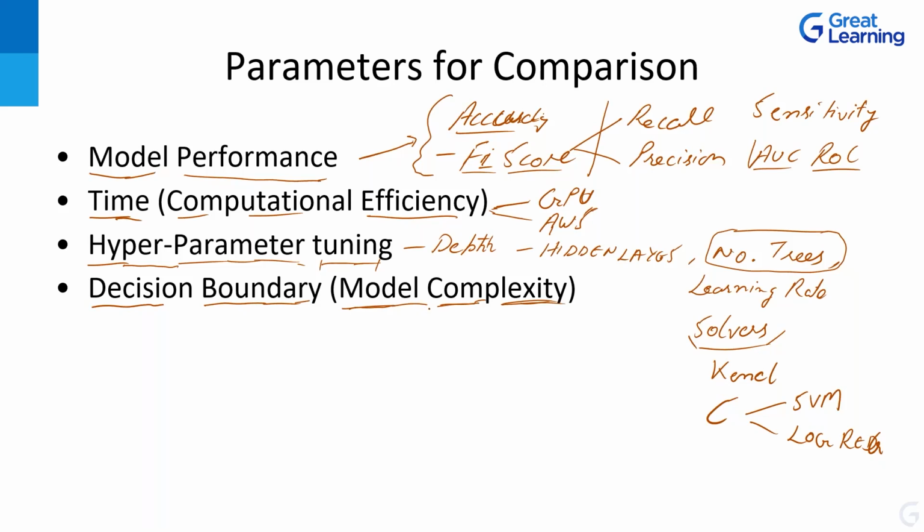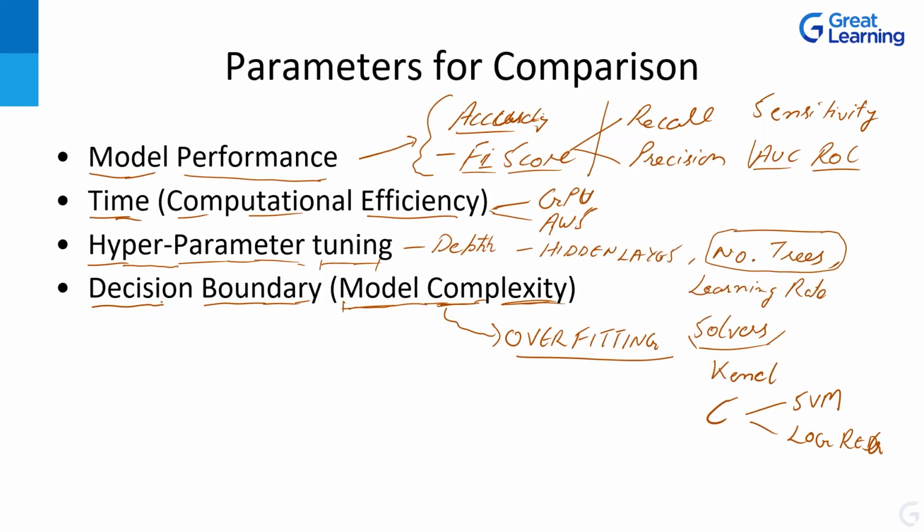If it improves our performance, yes, complexity could be good, but otherwise, complexity can also be associated with overfitting. Generally, more complex models can be highly prone to overfitting. So this is something that we are going to be wary of.